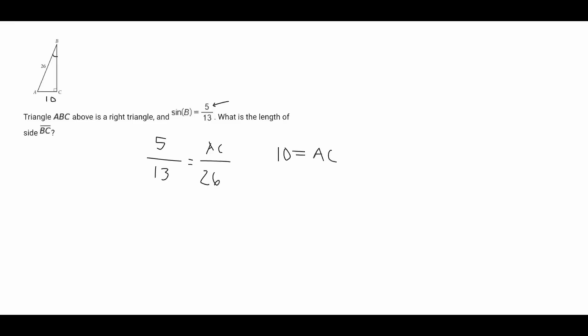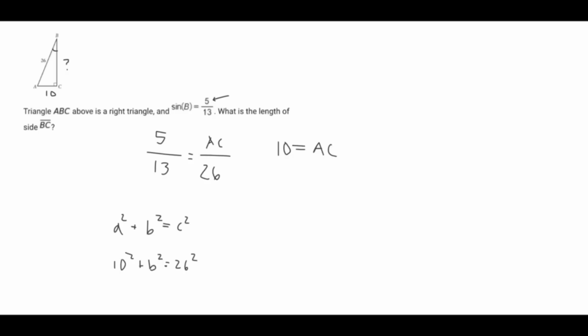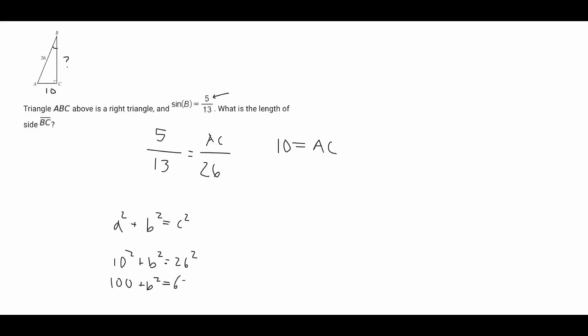So we know that AC is 10, and now we want to find the side length of BC. We don't know what BC is, but guess what? It's a right triangle, and so we can use the Pythagorean theorem. The Pythagorean theorem is A squared plus B squared equals C squared, right? It doesn't really matter, I'll call AC the A value. So we have 10 squared plus B squared equals 26 squared. 10 squared is 100 plus B squared. 26 squared is going to be 676.